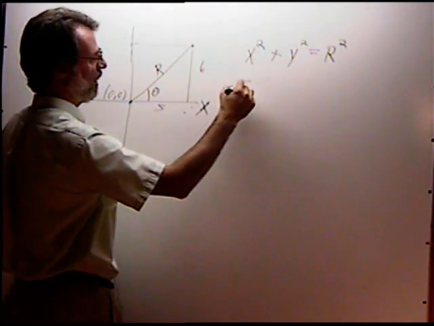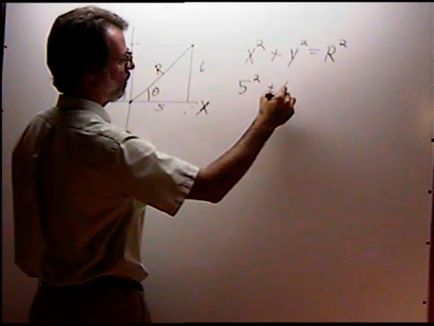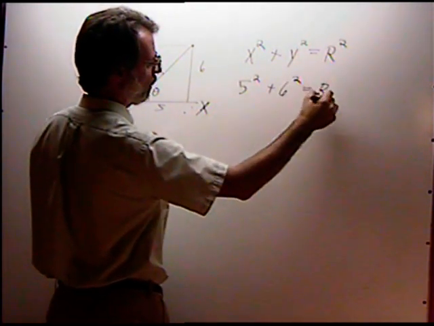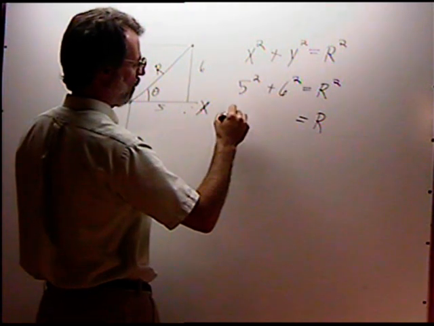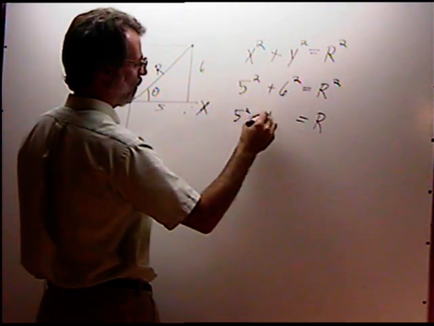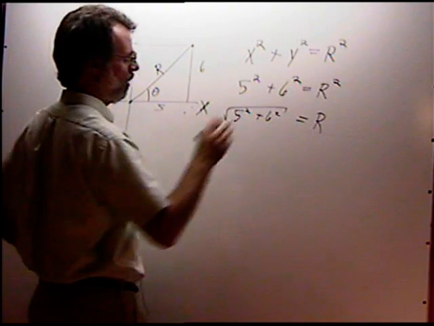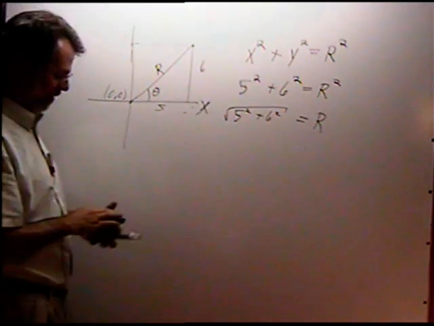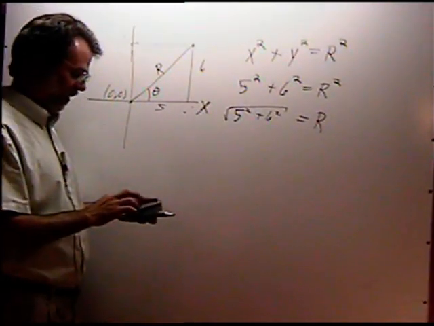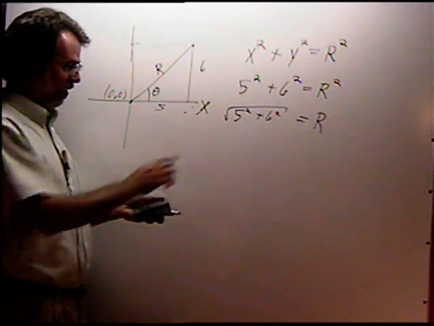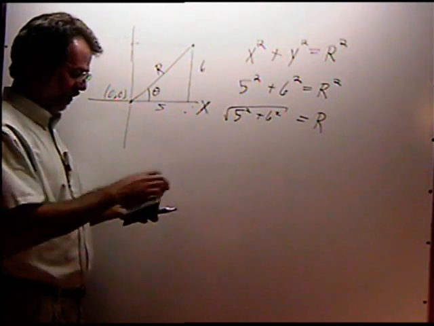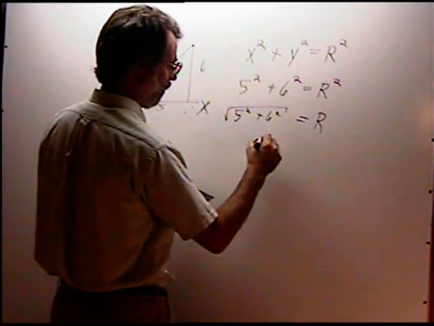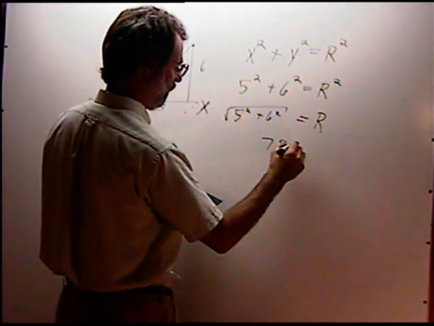So I would have 5 squared plus 6 squared equals r squared. So r is the square root of these. 5 squared is 25, plus 36, and I take the square root, and this is 7.8.